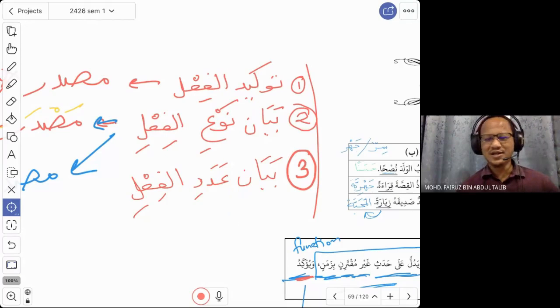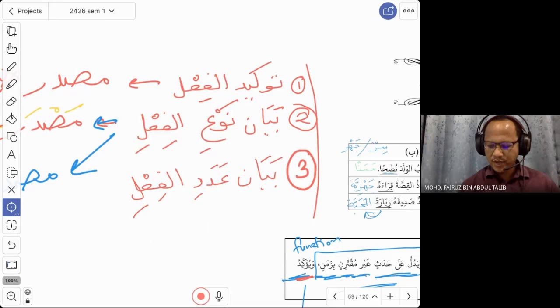Adad ma'dud: wahid, isnan, salasa, arba'a, khamsa. Number. Yes, you want to explain how many times he did it. Then you use maf'ul mutlaq. You want to explain the number of that action. How many times did he knock the door, for example? He did 1 knock, 2 knocks, 3 knocks. Then you will use maf'ul mutlaq.